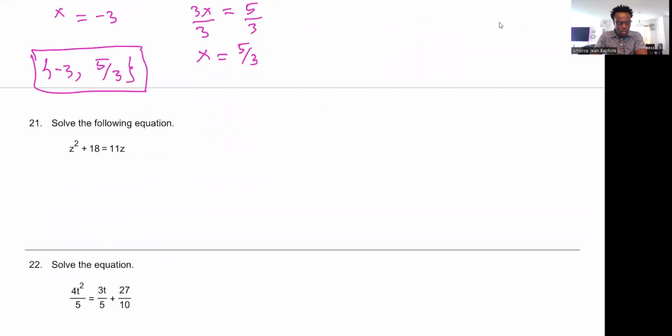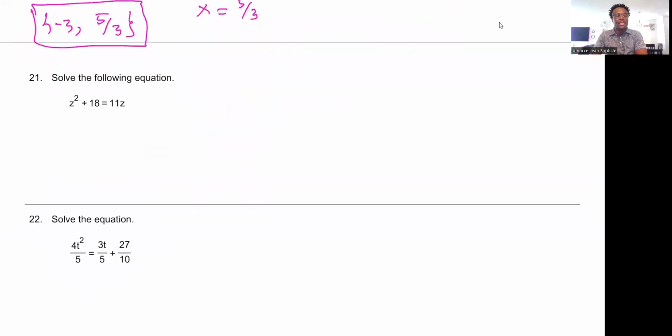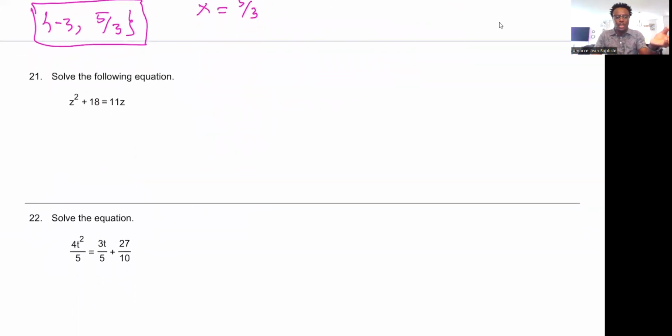Now, when you solve, don't forget that we can use the zero product property, which needs 0 on one side and a factored form on the other side. So let's subtract everything on one side to move it to the other side. If we have a term with the highest exponent, I always want to keep it home.